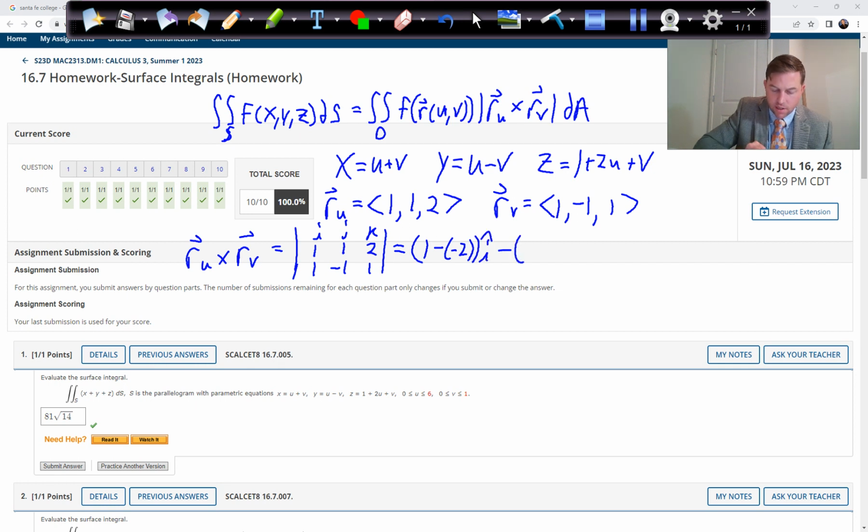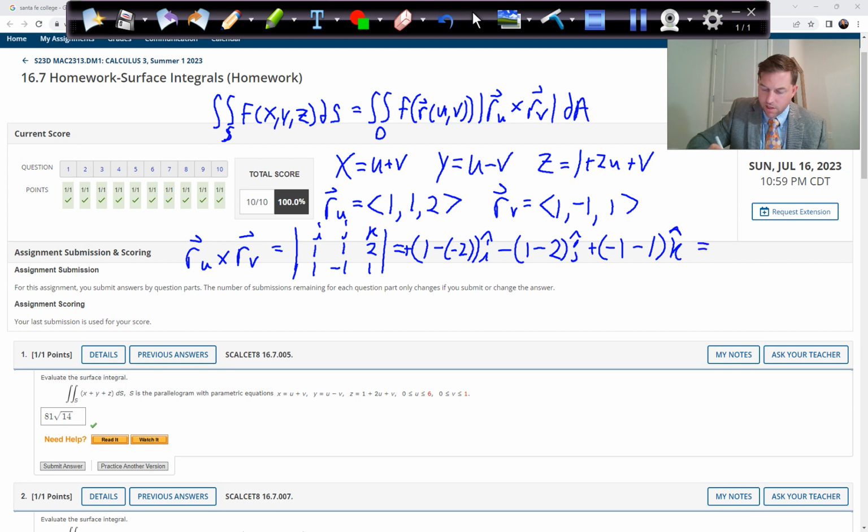Then it's minus, cover up the j column, the middle column: top left 1 times bottom right 1, which is 1, minus top right 2 times bottom left 1, which is 2, in the j. Plus, notice the alternating here: first is plus, second is minus, third is plus. We've done this before, but it doesn't hurt to remind you. Cover up the third column, k, 2 by 2 determinant: 1 times minus 1, minus 1 times 1 in the k.